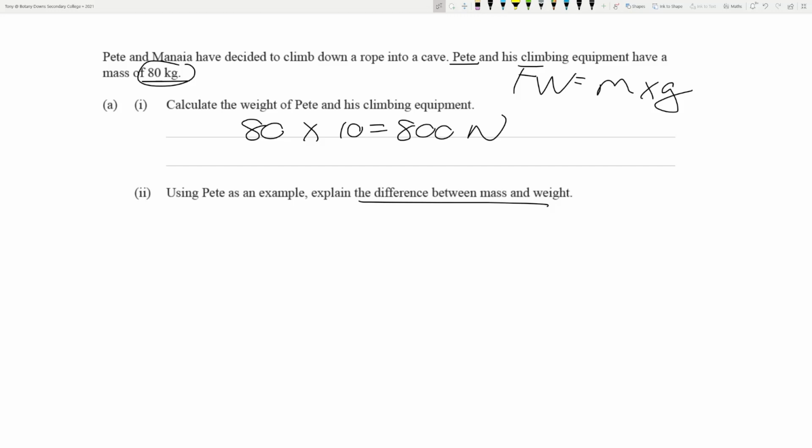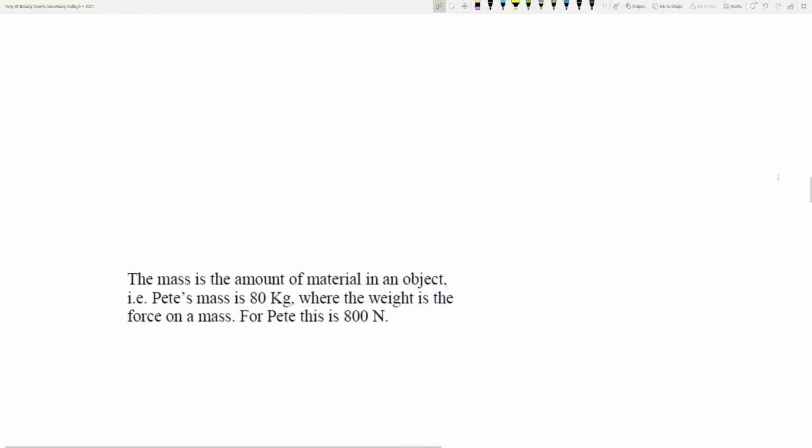You don't magically gain or lose mass. But what has changed is weight, because weight is the amount of force that is acting on a mass. So that's very important. Mass is the amount of material, whereas weight is the amount of force that's acting on the mass due to gravity.